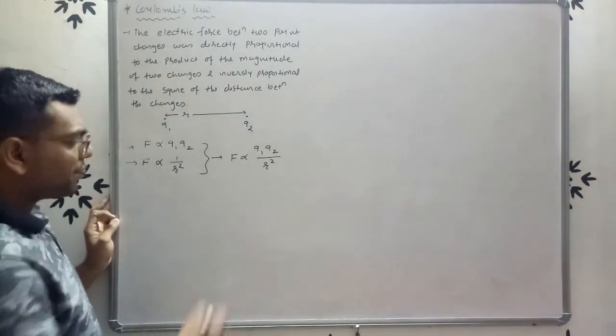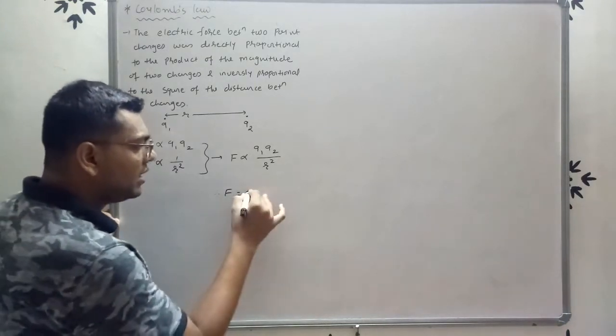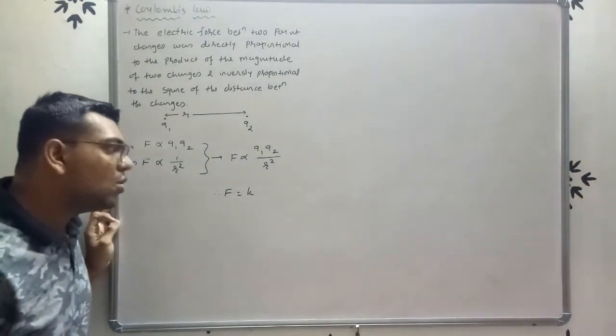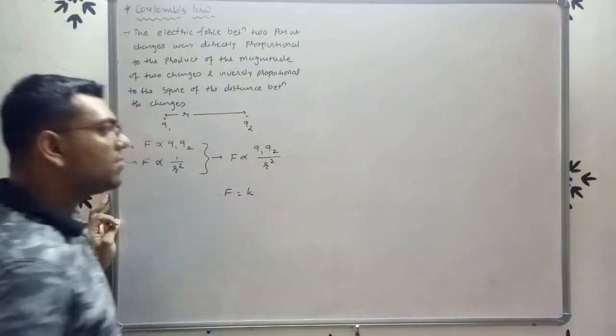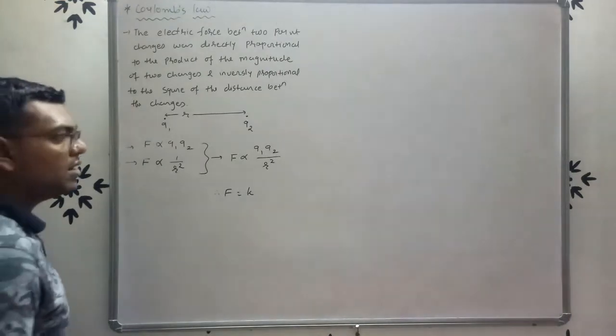So here we can write that F is equal to k, where the constant is small k. This constant is known as the Coulombian constant.